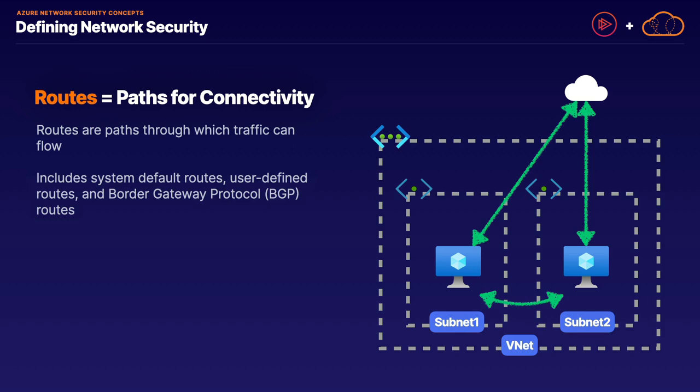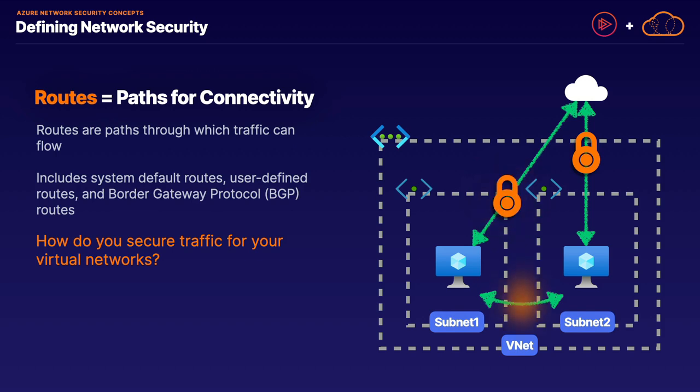And it's these routes through which we have traffic flowing, and we need to think about how do we secure traffic for our virtual networks for all of our routes? How do we make sure that these pathways for connectivity are secure and only the intended traffic is flowing through them? Now, when we're talking about network security, we have a couple of options for this.